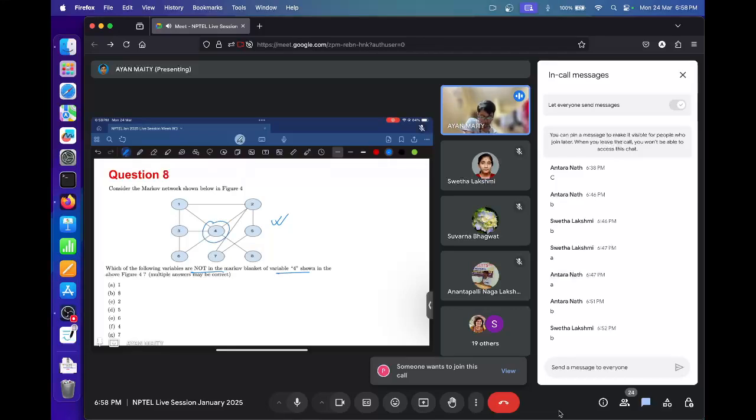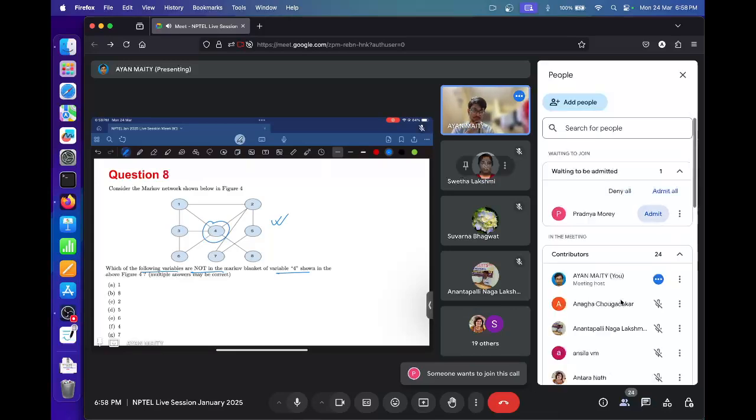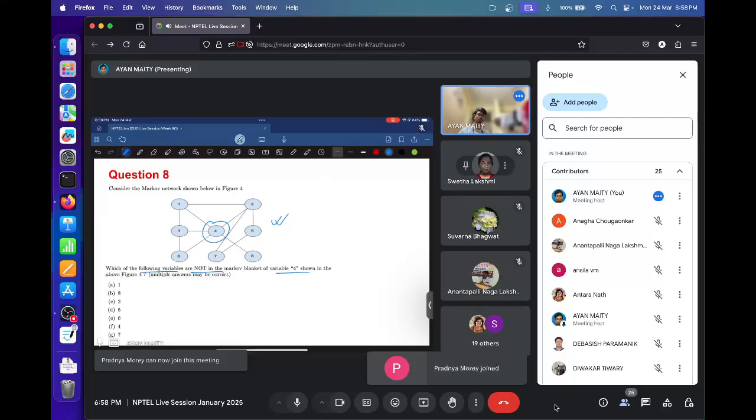You have to find out the Markov blanket of this variable 4 in this Markov network, and then check which of the following variables are not present in the Markov blanket of 4. So multiple answers may be correct.